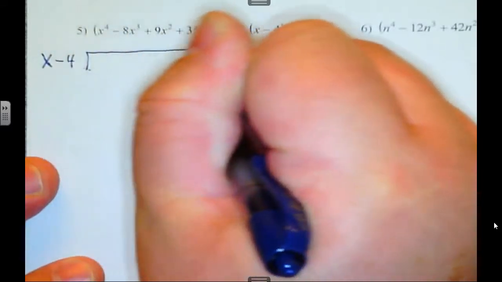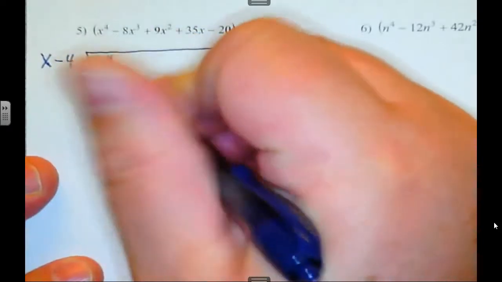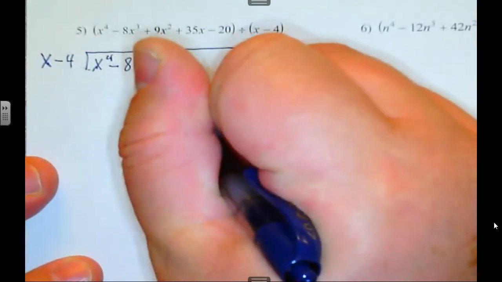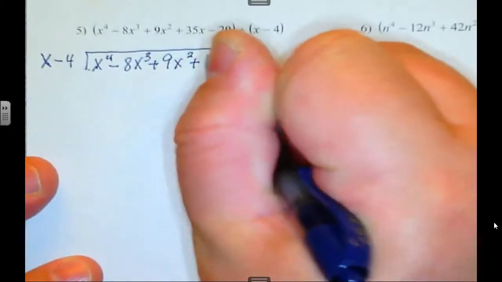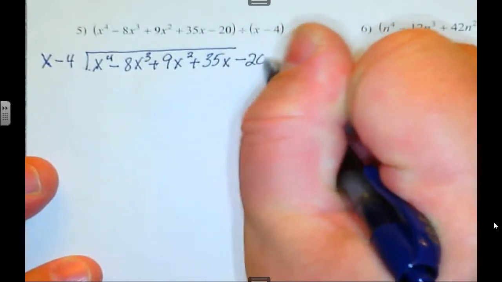Going to divide it into this polynomial, x to the 4th minus 8x cubed plus 9x squared plus 35x minus 20.